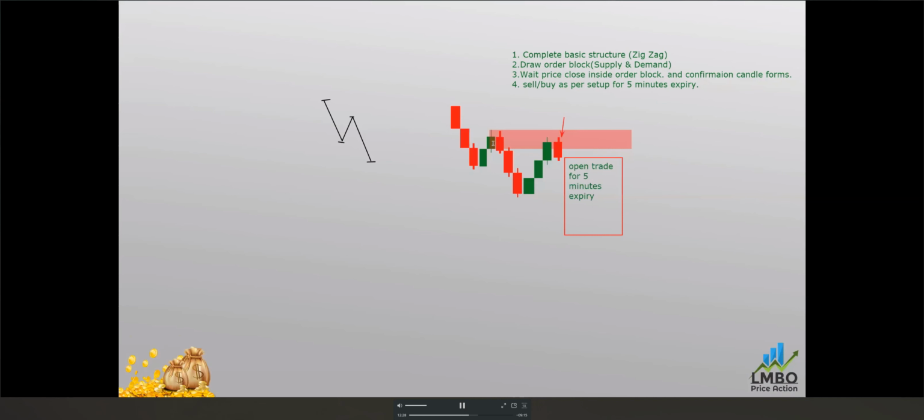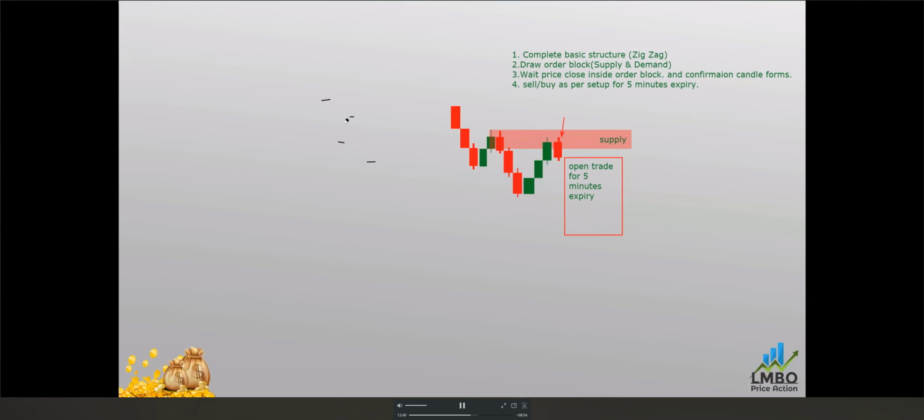Now when we are creating the order block, this is a supply. When we are creating this supply, sometimes there will be an engulfing pattern, sometimes an outside bar pattern, sometimes dark cloud cover, whatever pattern you find.